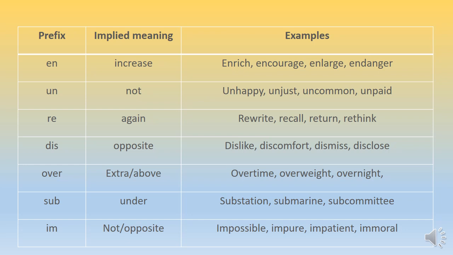We have a chart on the screen, and the first prefix is en, and the implied meaning of it is increase. With the prefix en, we can make new words such as enrich, encourage, enlarge, endanger, etc. Then we have un. It means not.